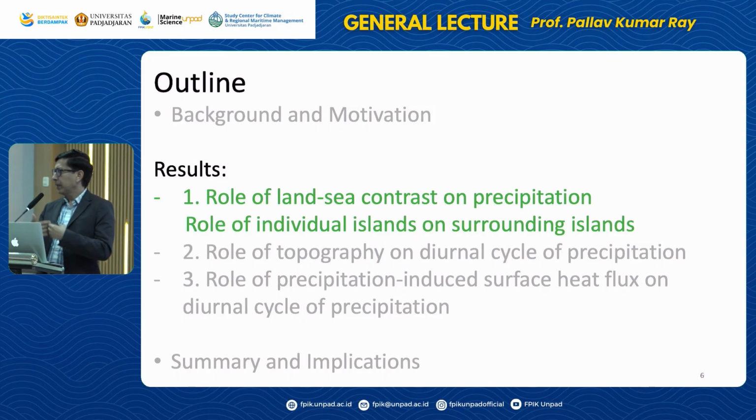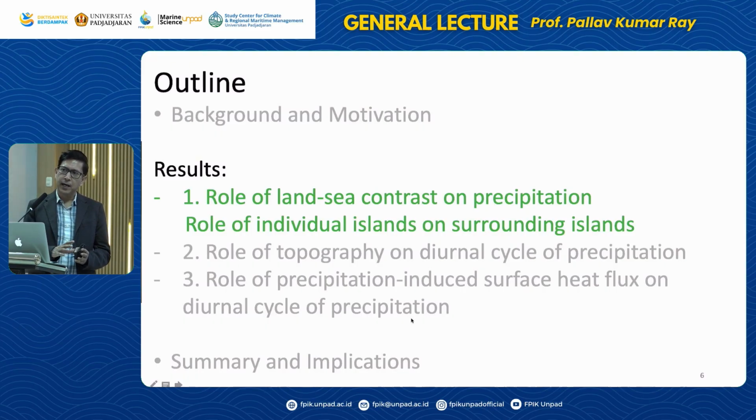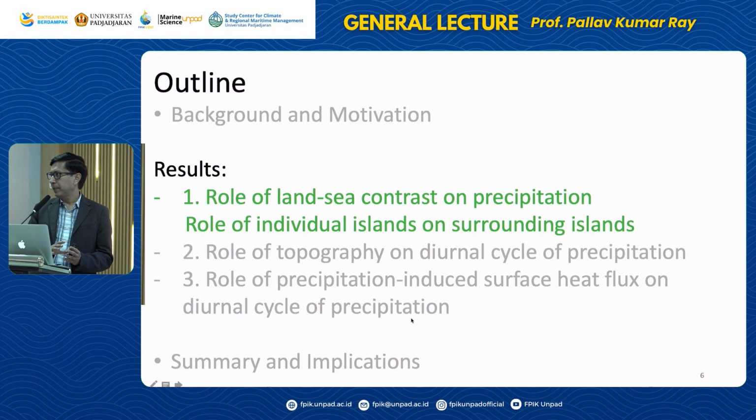So that type of numerical experiments I'll conduct. Then we'll also look a little bit into the role of topography on the diurnal cycle of precipitation. And finally, this is a really new idea, the last part, where I'm going to talk about how precipitation can actually cool down the surface in the maritime continent, and eventually how it can impact precipitation in the maritime continent. Okay.